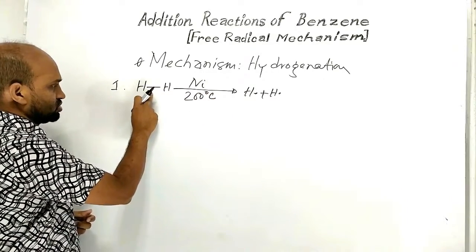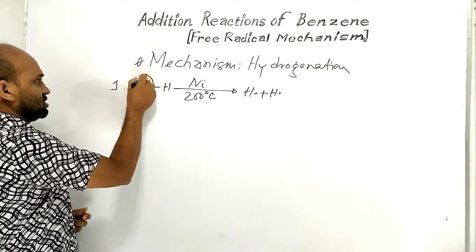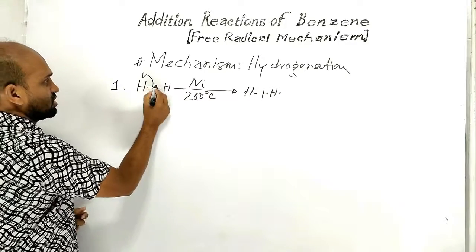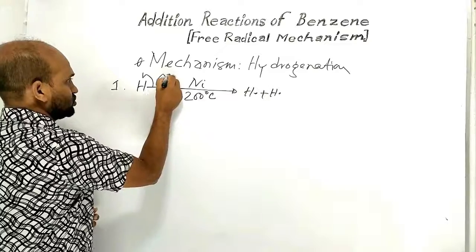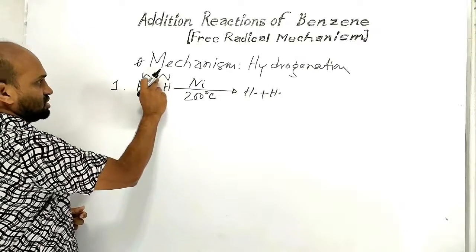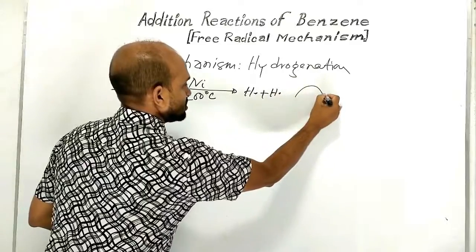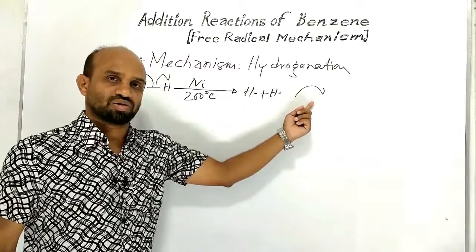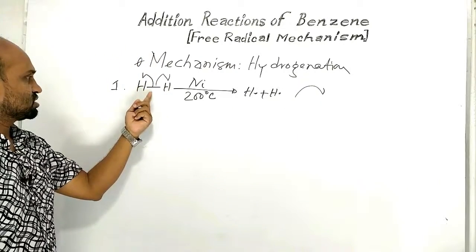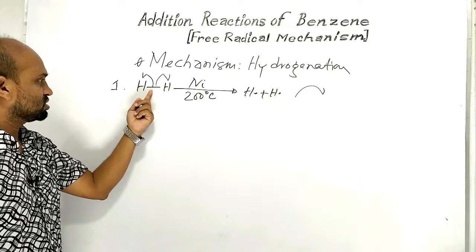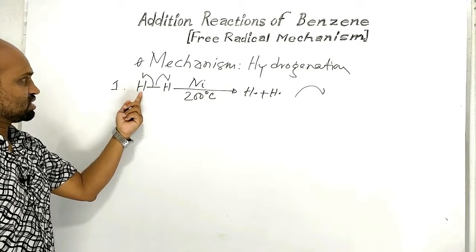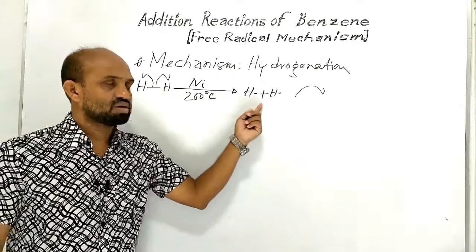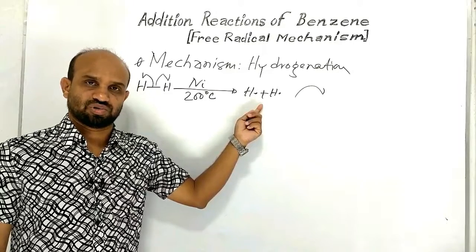One electron of this bond comes to this hydrogen and another electron of this bond comes to this hydrogen. This is called single-headed arrow or one electron arrow. As a result, hydrogen free radicals are formed.